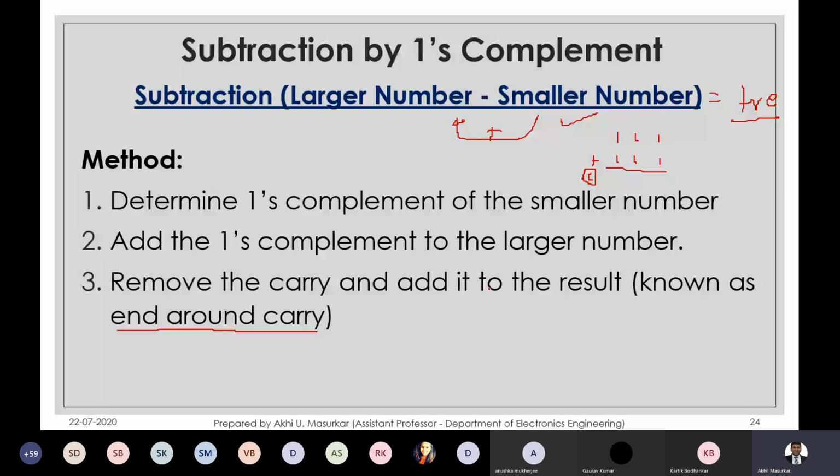So I want you all to write down these three steps. First you write subtraction by one's complement method, and then you simply write large minus small. Larger number minus smaller number.